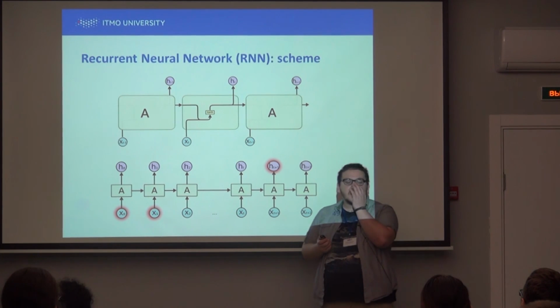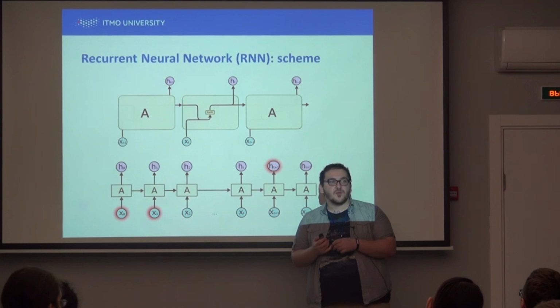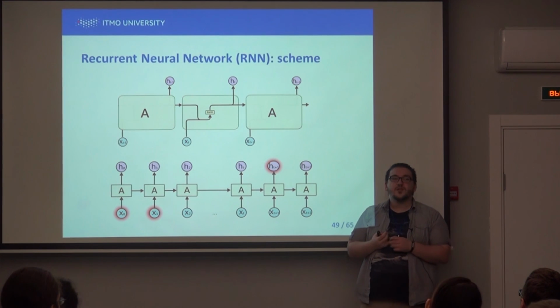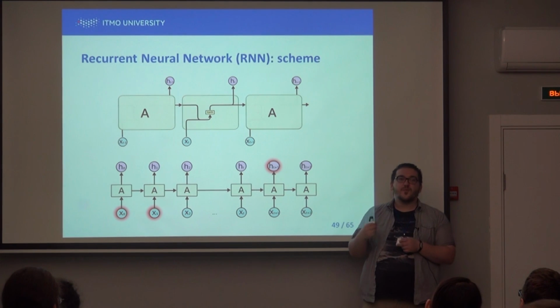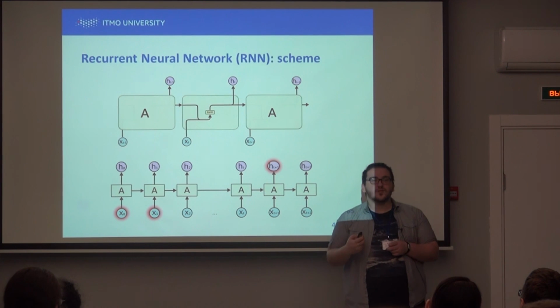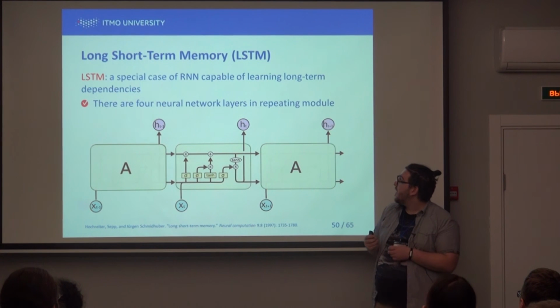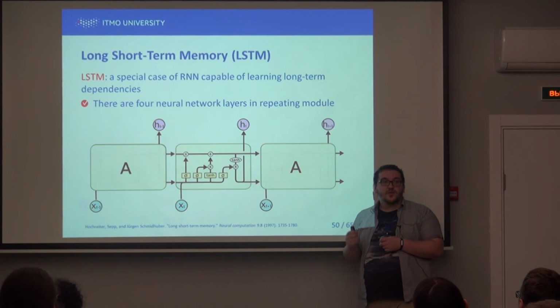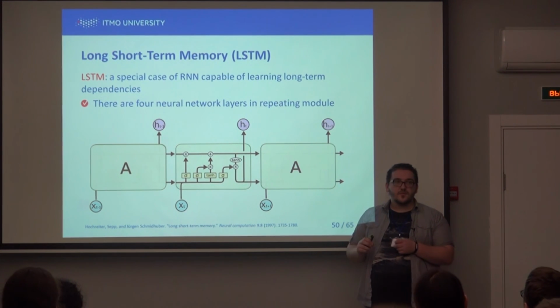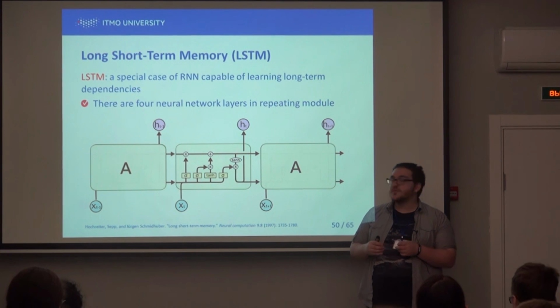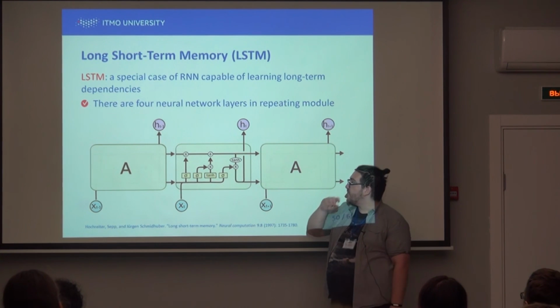However, this architecture is not so popular just as a recurrent neural network, but it's very popular with so-called long short-term memory, LSTM. It's a special case of recurrent neural network, which now is the most popular within all recurrent neural networks.